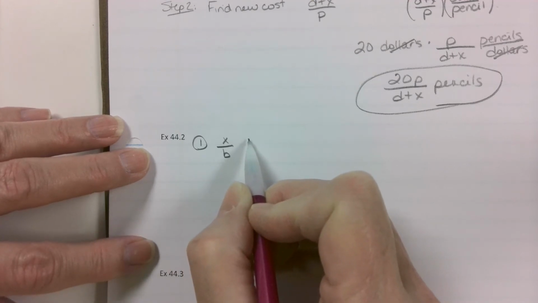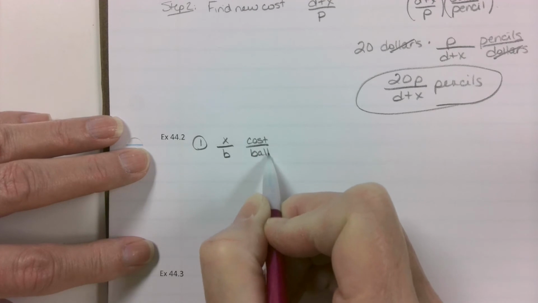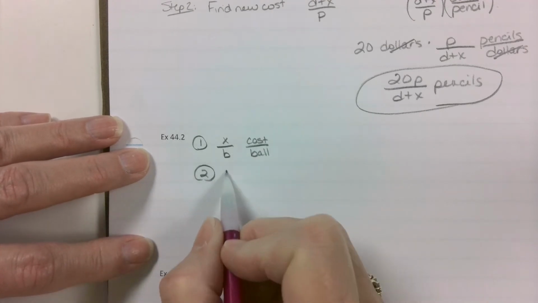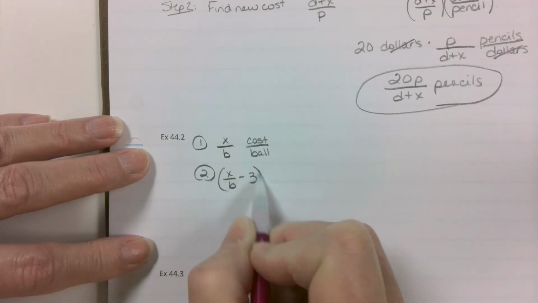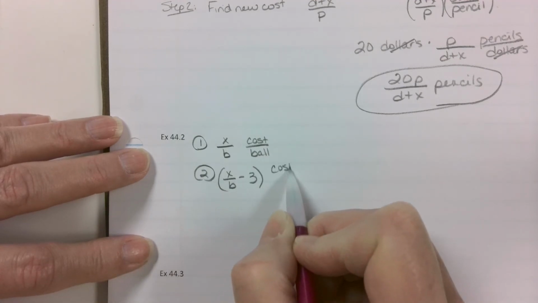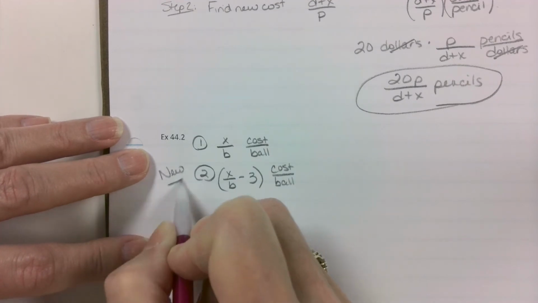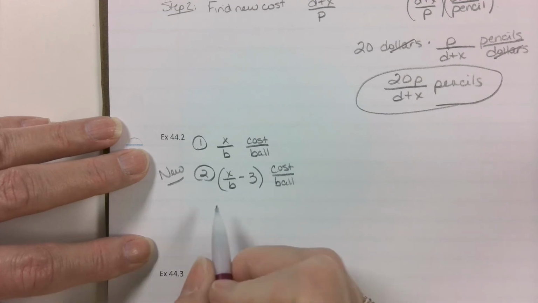And this is the price or the cost per ball. Number 2, it said what if each ball costs $3 less? This is the price of one ball. So the new price is going to be the old price minus 3. And that's going to be the cost per ball. Now, this is the new one.